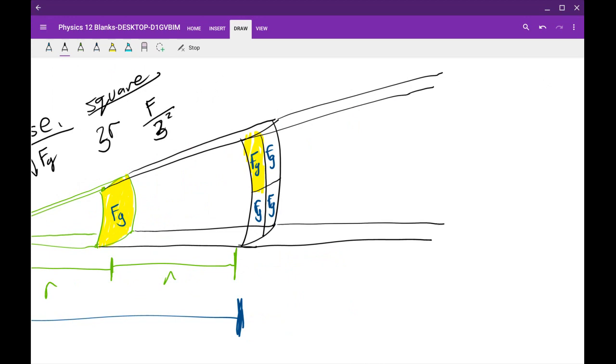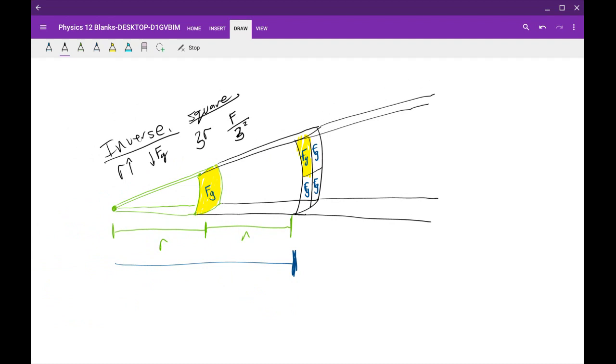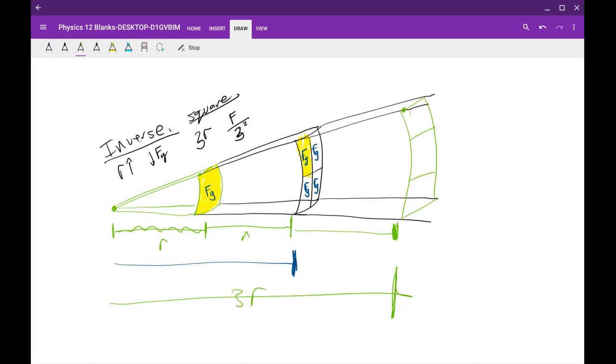If I go out now 3 times further, so this is now 3R, three times further than this R right here, then if I draw another little stretchy sheet of paper, in theory, this green area is 9 times the area of this one.